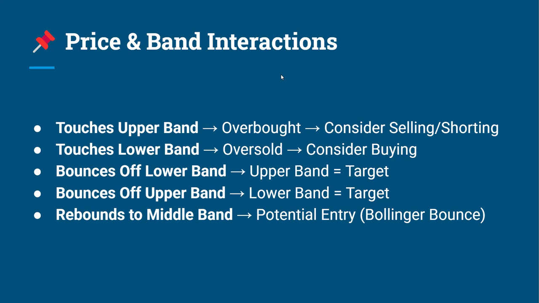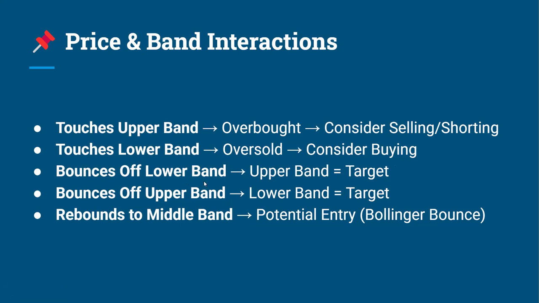In a range, price will interact with the upper band and get rejected. You might have seen that type of price action many times. That indicates overbought, consider selling or shorting. If it touches the lower band, that is an oversold condition, consider buying.